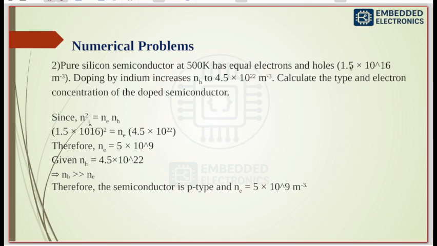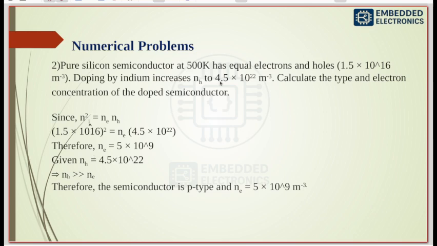So this is the intrinsic charge concentration. Now Ne equals 1.5 into 10 to the power 16 whole square divided by 4.5 into 10 to the power 22, that is 5 into 10 to the power 9.